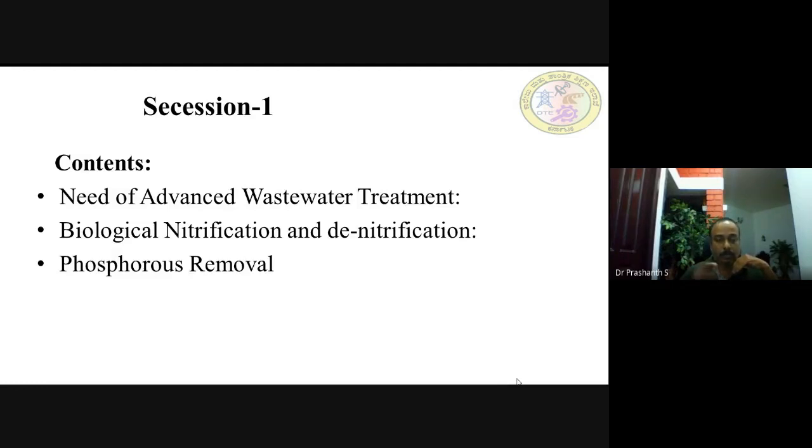We also have discussed the rotating biological contactor. Then we discussed the pond system. In secondary wastewater treatment, as you know, it deals with removal of organic dissolved solids which are present in the wastewater.